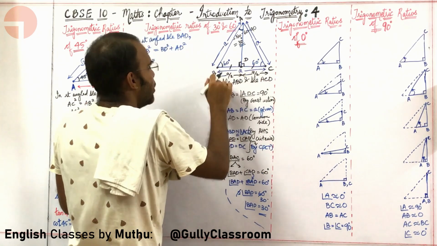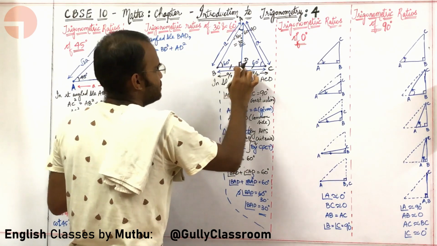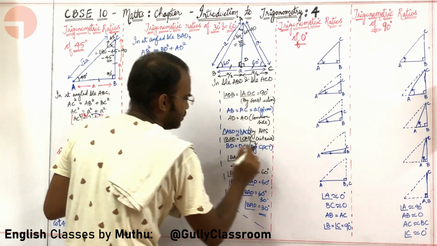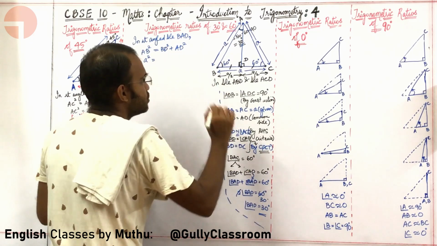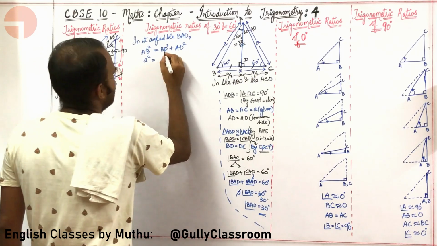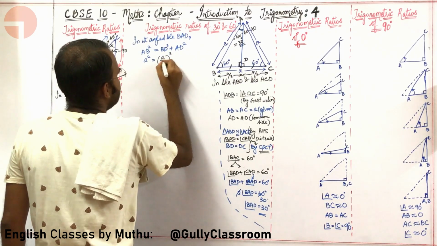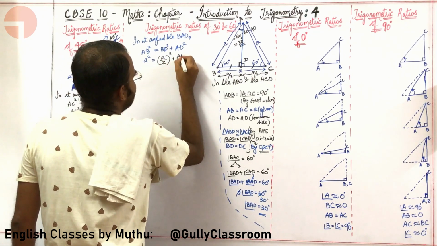We know that BD is equal to DC by CPCT. So we are going to divide A into two equal parts, A by 2 and A by 2. I am going to substitute A by 2 whole square for BD, and simply write AD square.